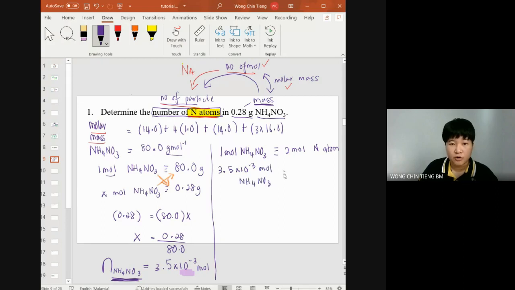So your unknown over here will be your Y mole of N atom. Sekali lagi kita akan darab silang. So you have 1 times Y. Y dapat terus. Equals to 2 times 3.5 times 10 to the power of negative 3.